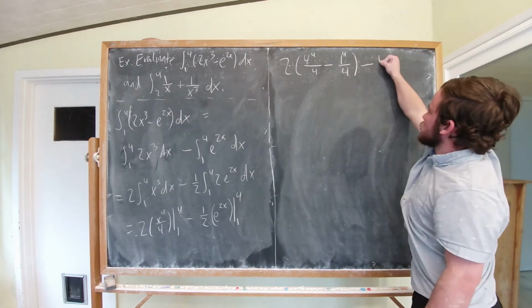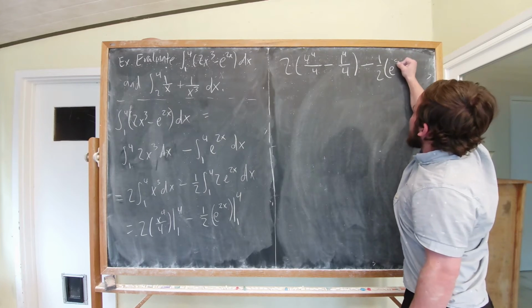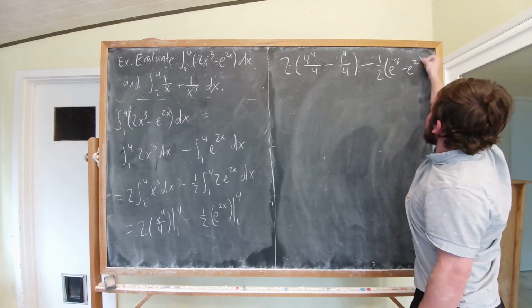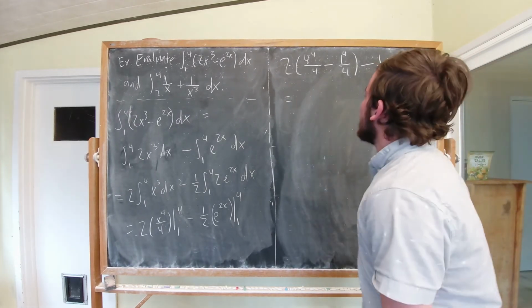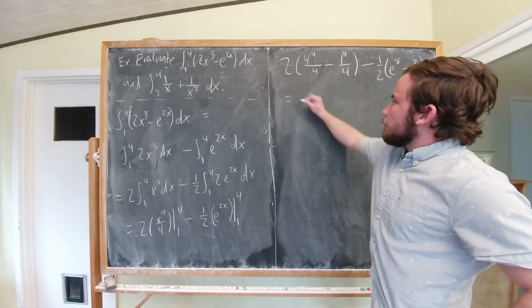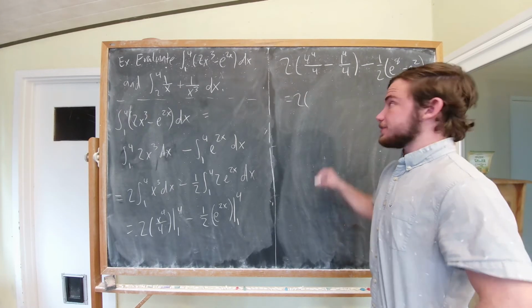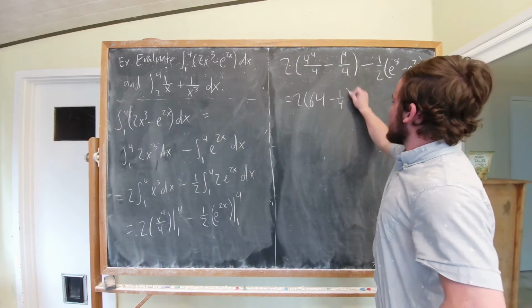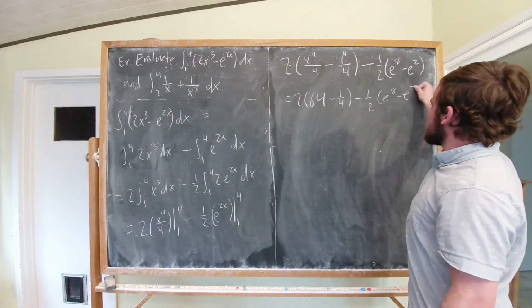And that's all minus 1/2 times e to the 8 minus e squared. Alright? Well, 4 to the 4th divided by 4 is just 4 cubed, which is 64. So we have 64 minus 1/4, minus 1/2 times e to the 8th minus e squared.